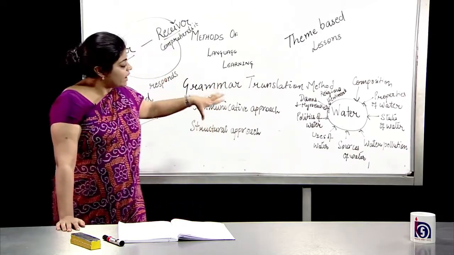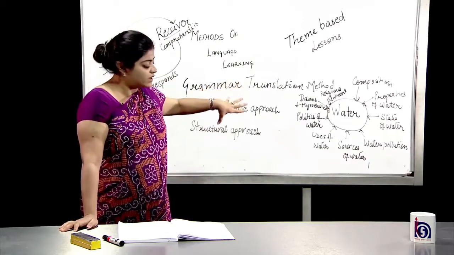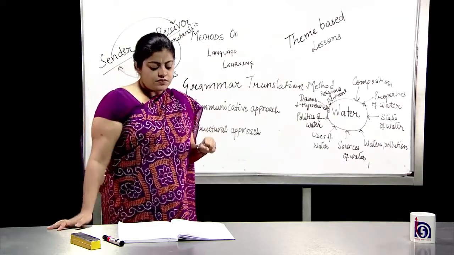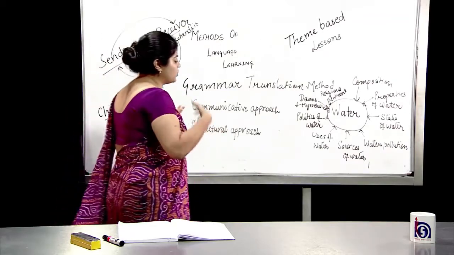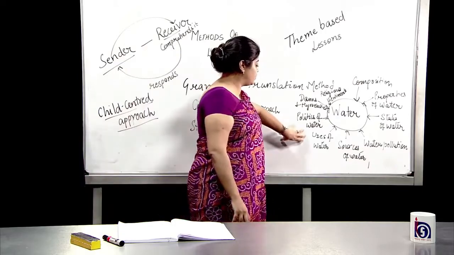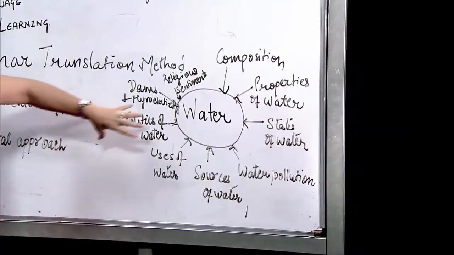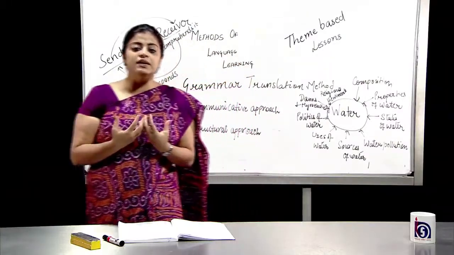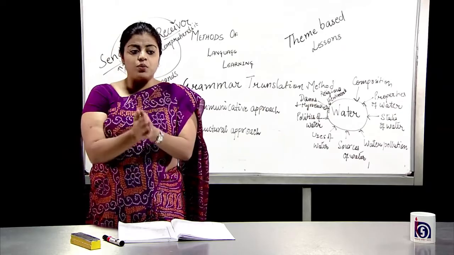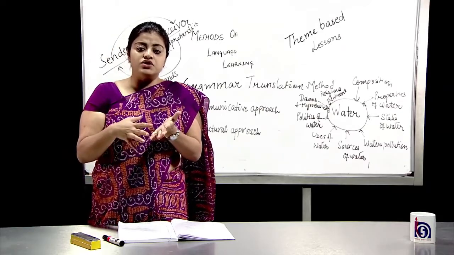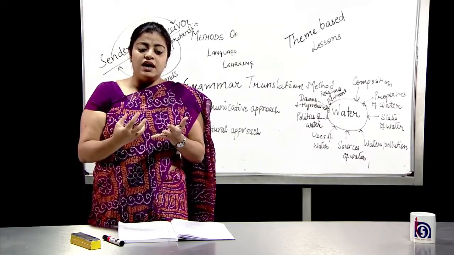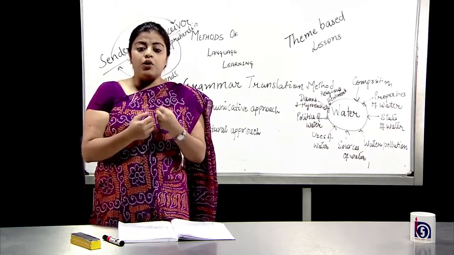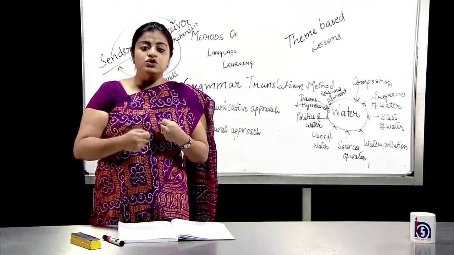The teacher can look at the various concepts that she wants to deal with at a particular stage or age. For example, if you want to use the communicative approach to deal with the concept of politics of water, what is politics of water? It basically deals with the various sources of water and how in our country water is being used. It's a natural resource, but it is used by political parties or a community to overpower.